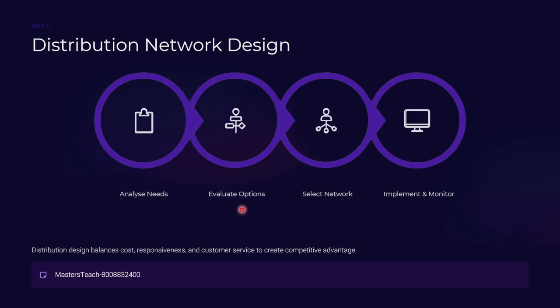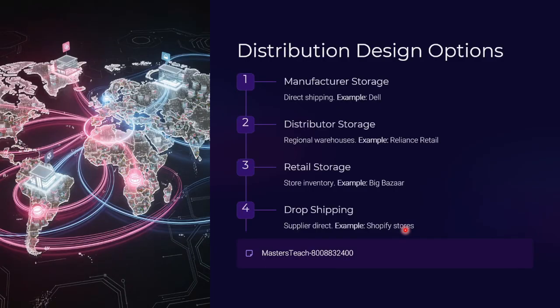Then you have to select which network is good, then implement and monitor. You have to take into consideration balancing cost, responsiveness and customer service to create a competitive advantage.